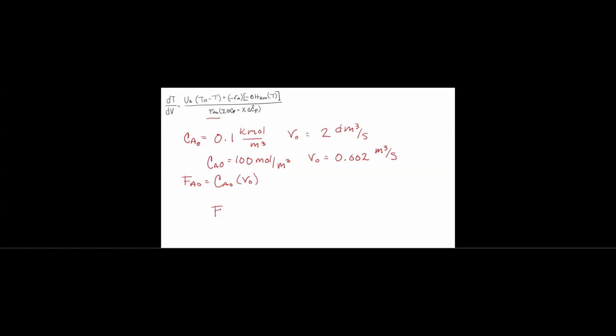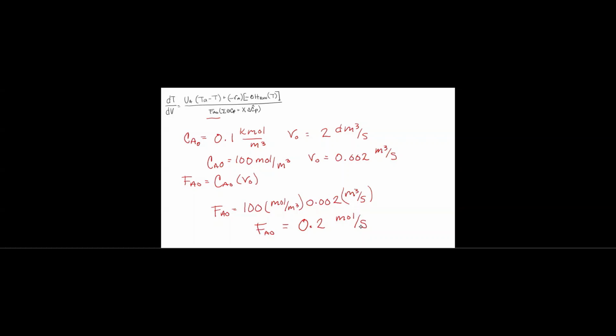So we end up with FAO being equal to 100 moles per meter cubed times 0.002 meters cubed per second. So that gives us an initial flow rate of A being equal to 0.2 moles per second. So there's nothing further that we need to do with that calculation.